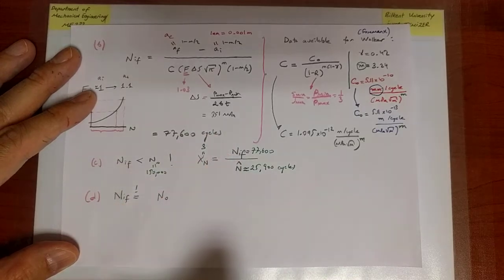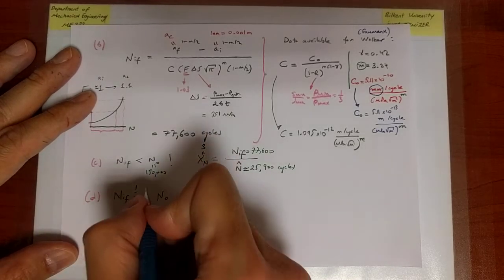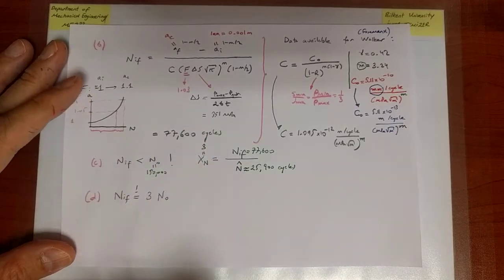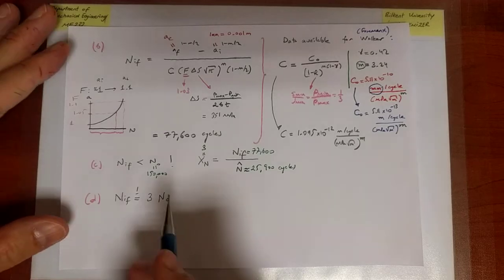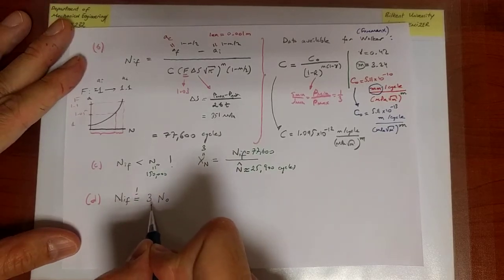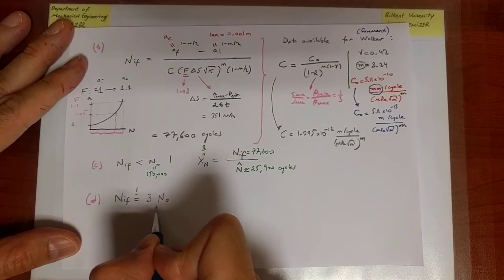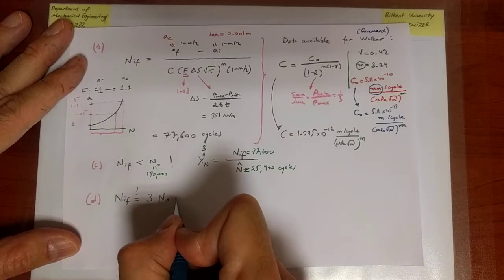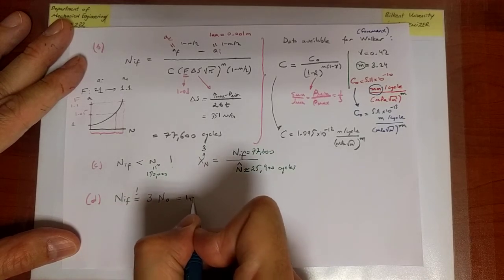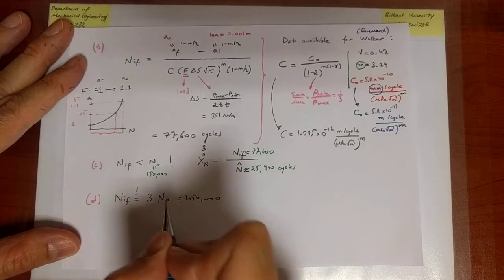150,000, that's our goal, but with a safety factor of 3, okay? So now we are in a scenario where we do not want any type of failure, and therefore within a safety factor of 3, I need to make sure for 150,000 with a safety factor of 3, I go up to 450,000 cycles.